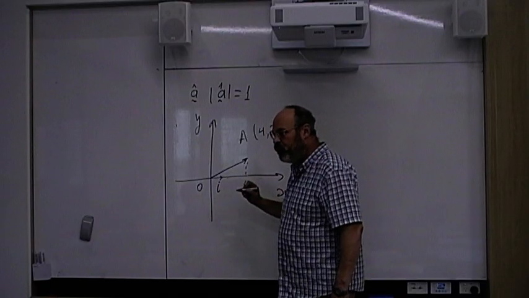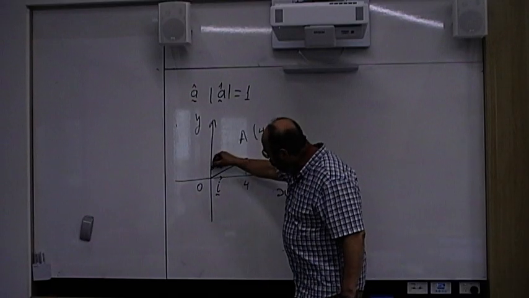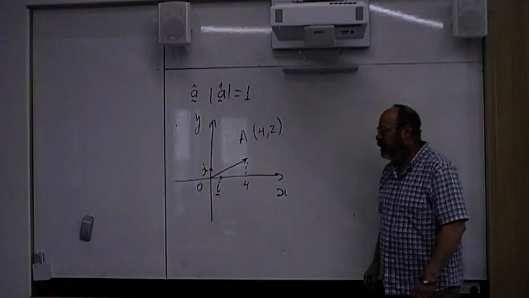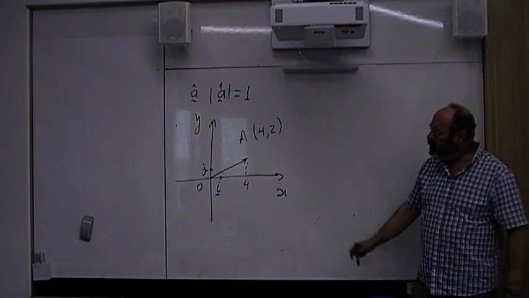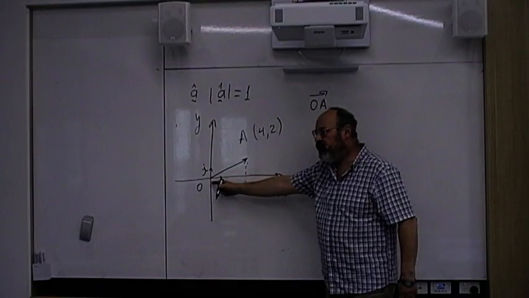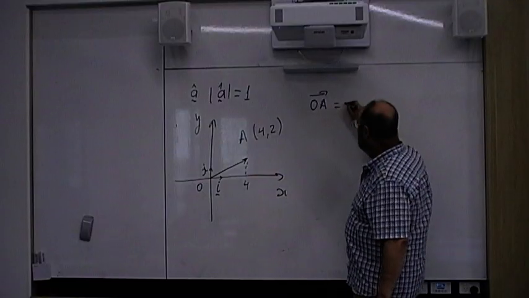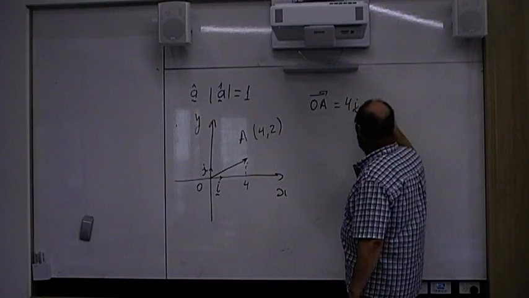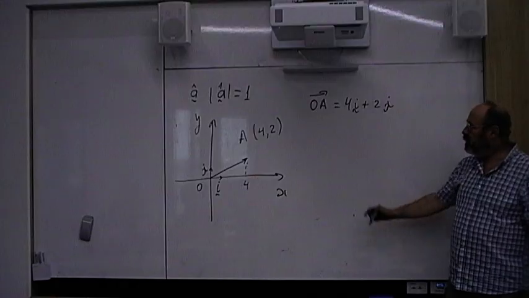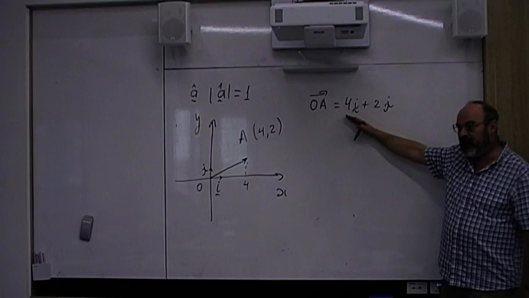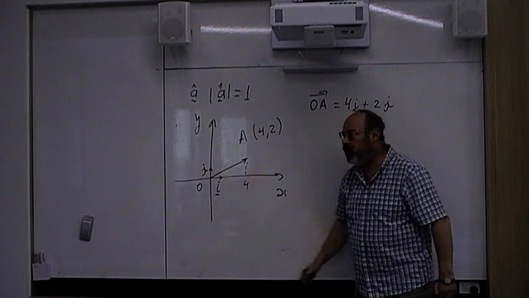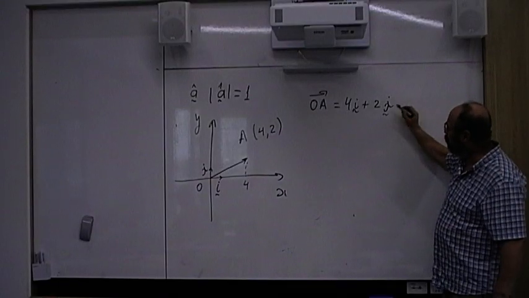Don't mix it with the i for complex numbers. And the unit vector in the y direction we call j. So we can express vector OA as 4i plus 2j. That is the component form of the vector: its component in the x direction is 4i, and in the y direction 2j.